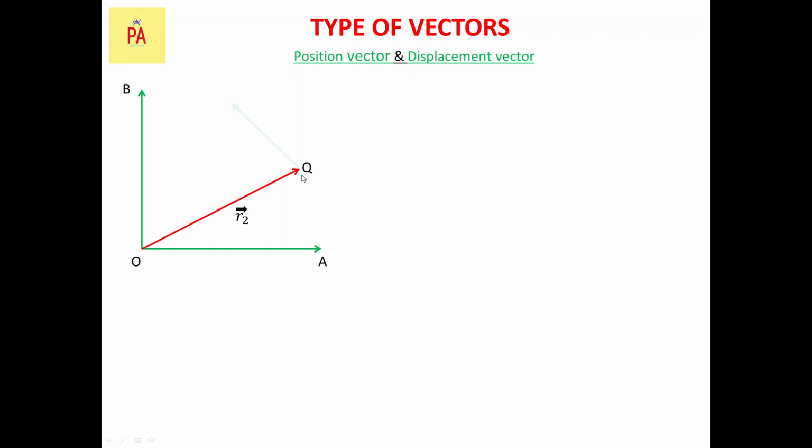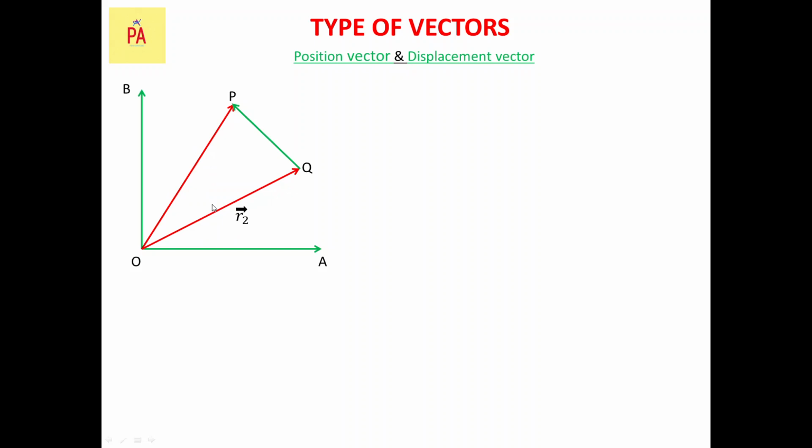Now suppose the object at Q moves to another point P. Then at this instant at point P, if I draw another arrow from the origin, this will represent another position vector.